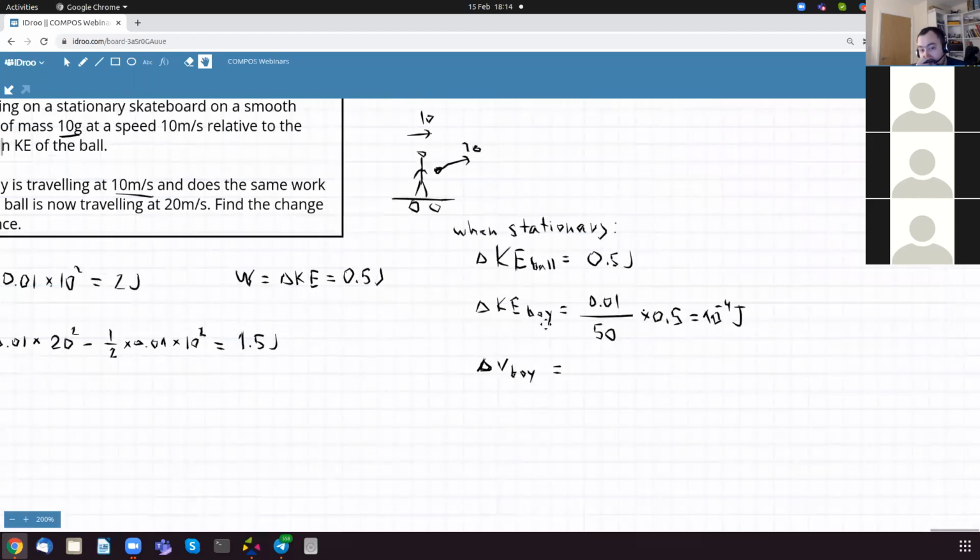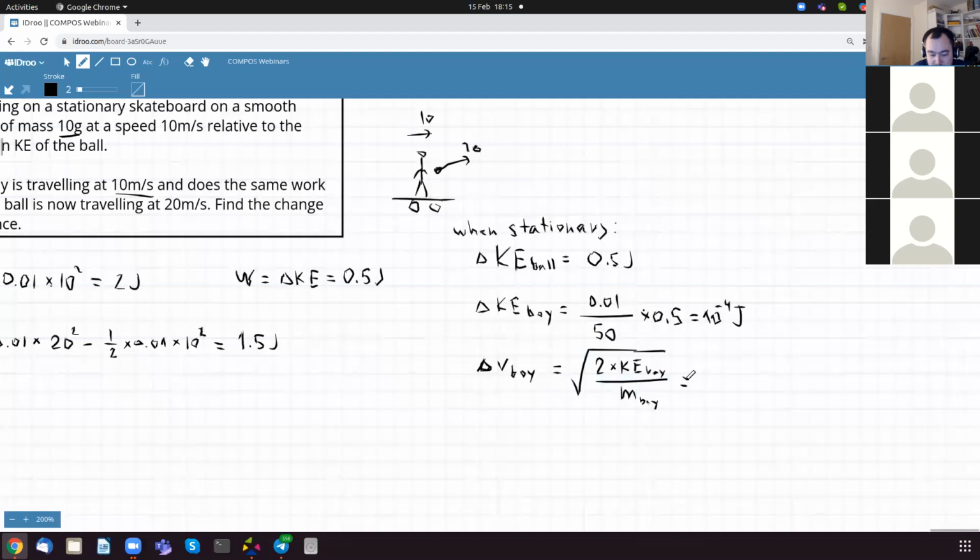So v is 2 times the kinetic energy of the boy, divided by the mass of the boy, and square rooted.